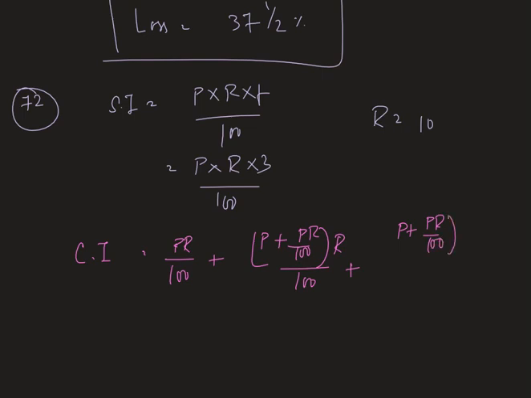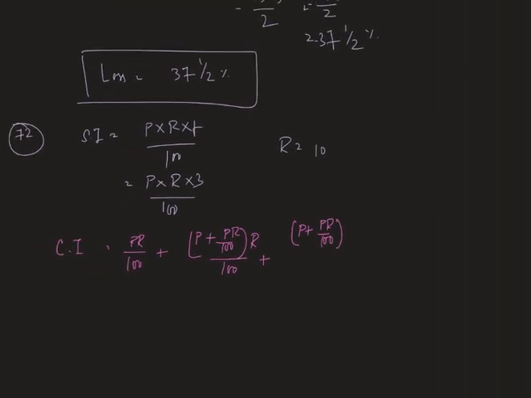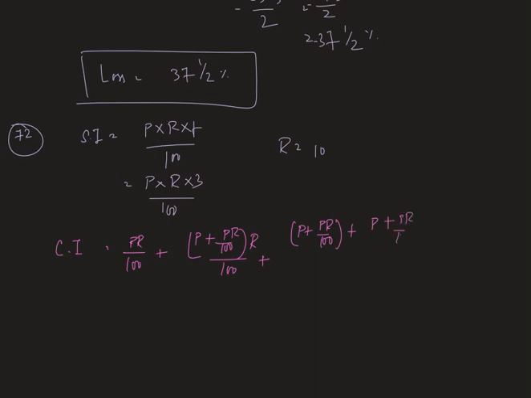This is the principal amount, plus P plus PR divided by 100 into R divided by 100 multiplied by R divided by 100.